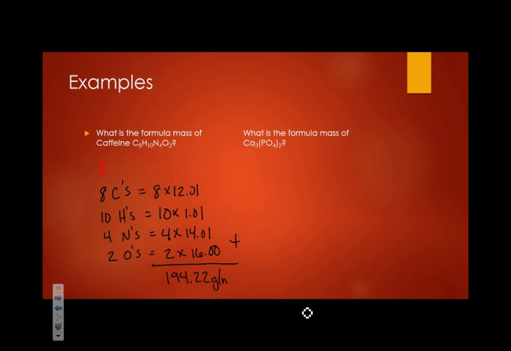I sum all of those together, and that will be the molar mass of caffeine, which comes out to be 194.22 grams per mole. Now, I added this up using the periodic table that I had on my desk, and then I Googled the molar mass of caffeine just to double check. And when I Googled it, it told me that the molar mass of caffeine was 194.19 grams per mole.